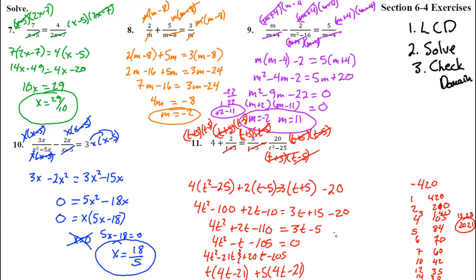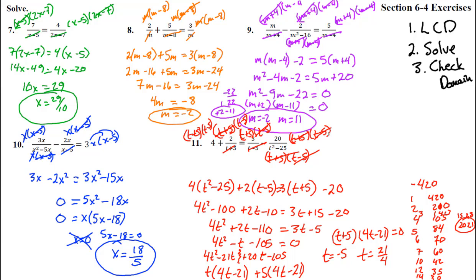And so that factors into t plus 5 times 4t minus 21 equals 0. That gives us two answers. t equals negative 5 and t equals a positive, let's see if we remember, positive 21/4. Excellent. Wow, that took some gumption.